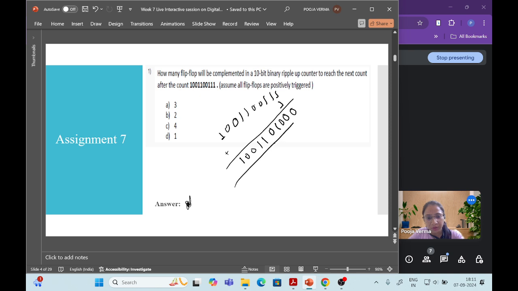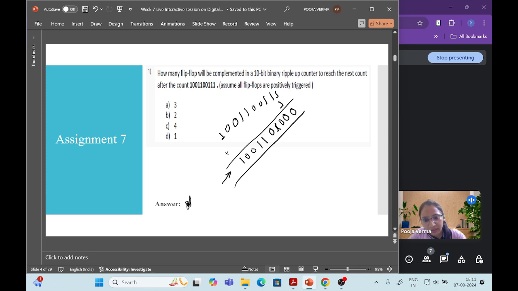Now we have to see how many bits are complemented, that is, how many bits have changed from the present count to reach the next count.